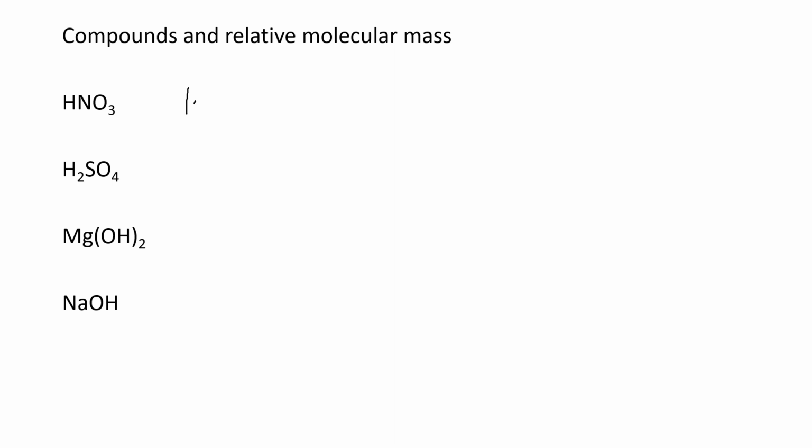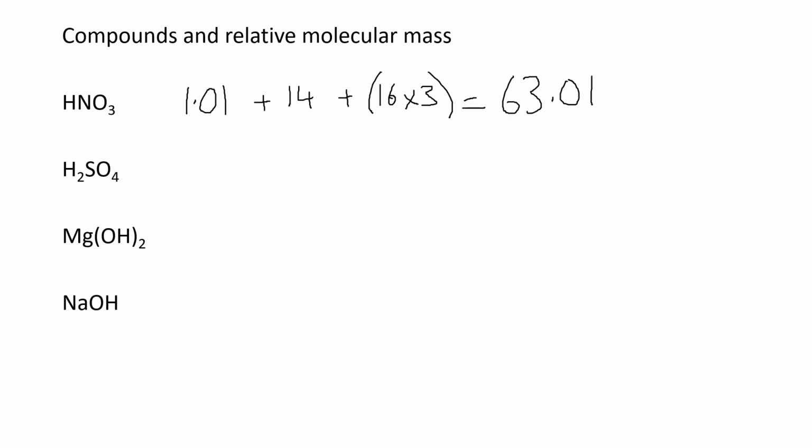HNO3, well, hydrogen is 1.01, nitrogen is 14, and then oxygen is 16, but we're timesing by 3. And that gives you an answer of 63.01.